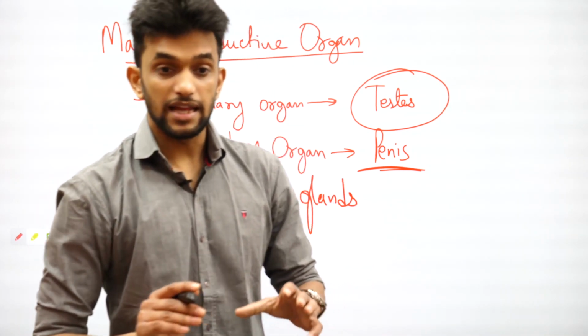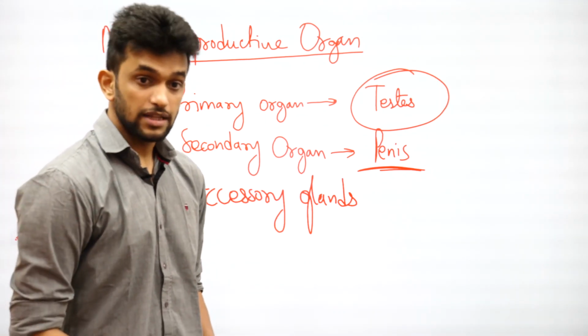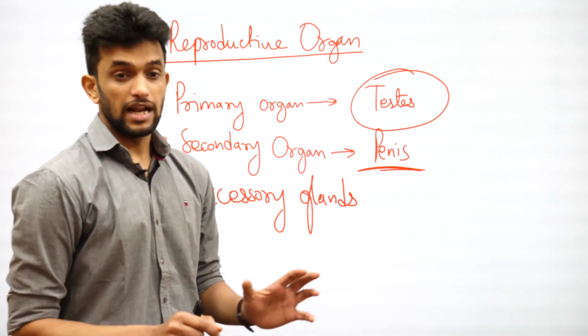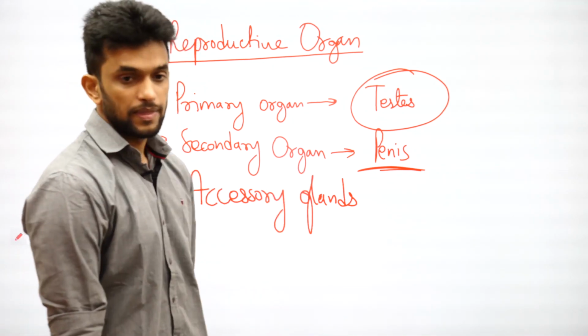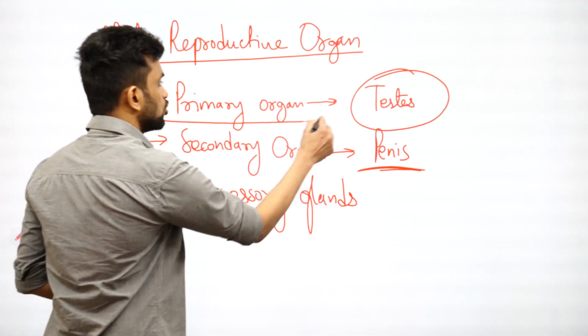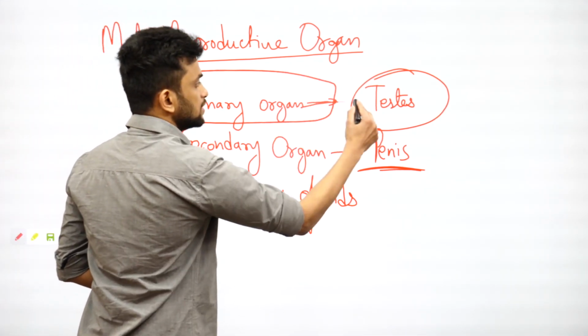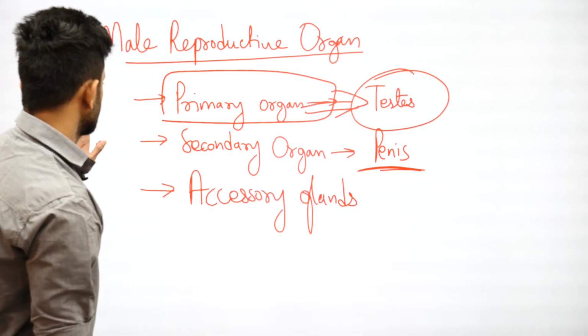They help in maintaining the sperms and provide energy to them, as they have to travel a lot to fertilize the egg. So that is the male reproductive organ. Please remember the primary organ is the testis, they will ask you.